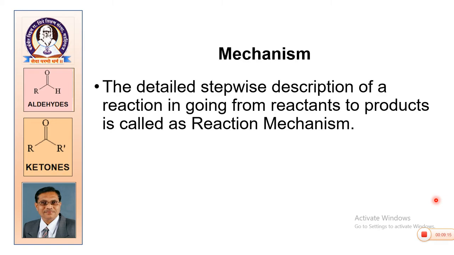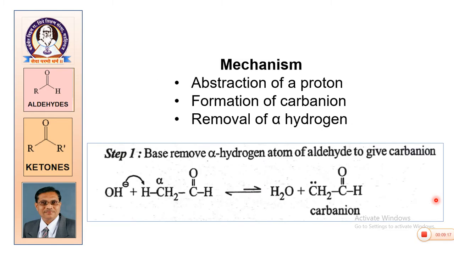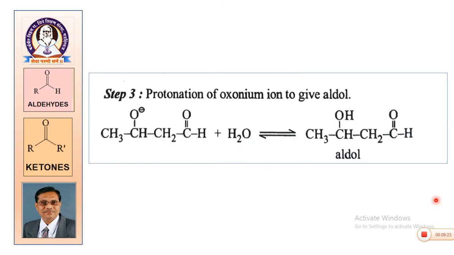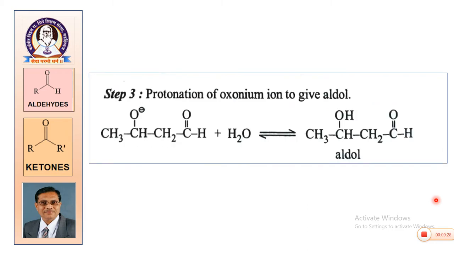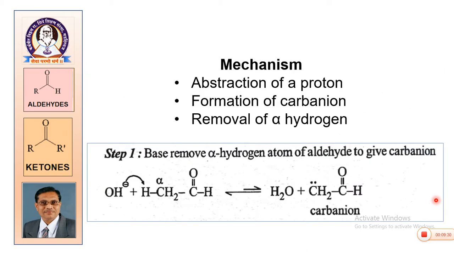In this particular case, the mechanism takes place in three steps: step number 1, step number 2 and step number 3, and this is related to further processing. We will see them one by one. The first step: the reaction is a self condensation, initiated by the catalyst, which is a mild base.